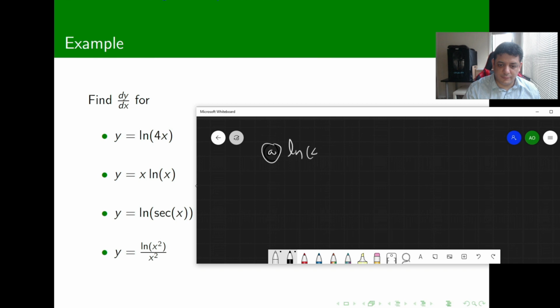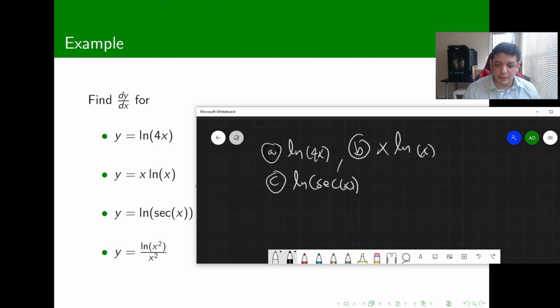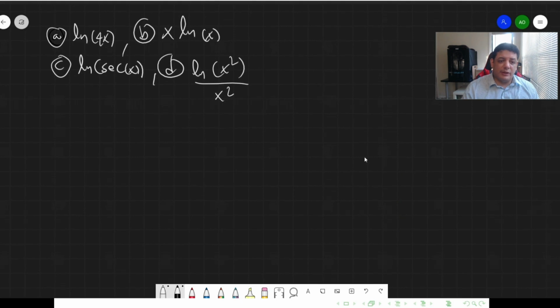So log of 4x, x log of x, where we're going to use product rules, log of secant of x, and the log of x squared over x squared. Notice that we're looking at different things: chain rules, product rules, and quotient rules.